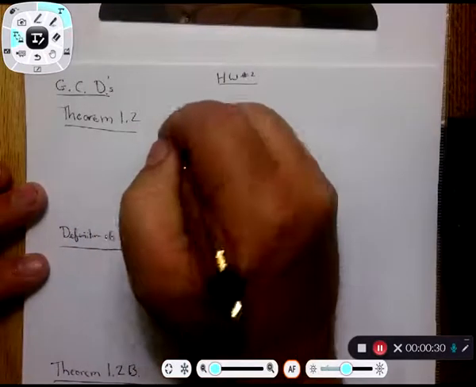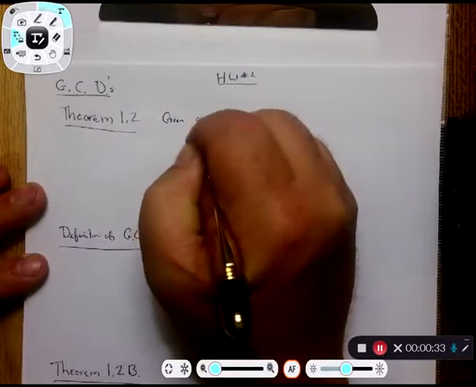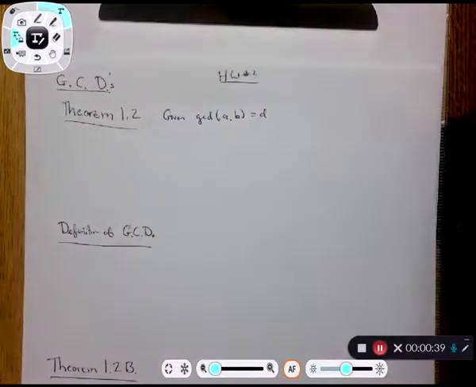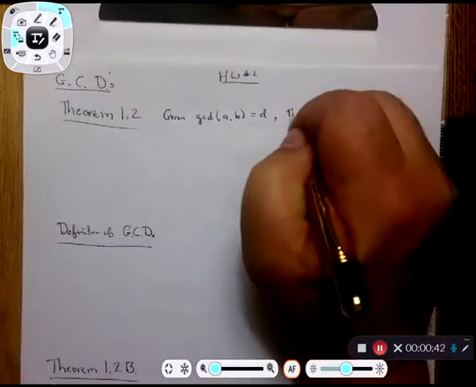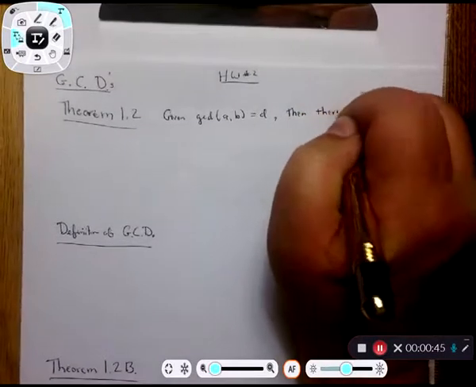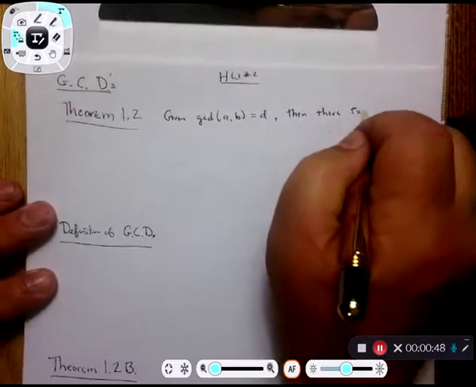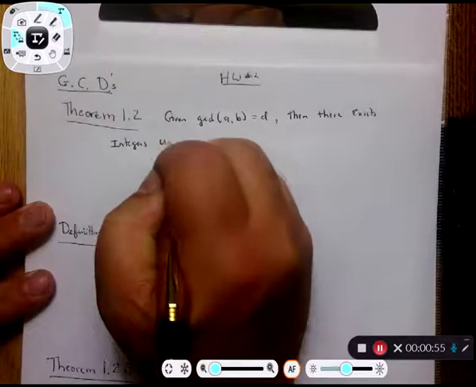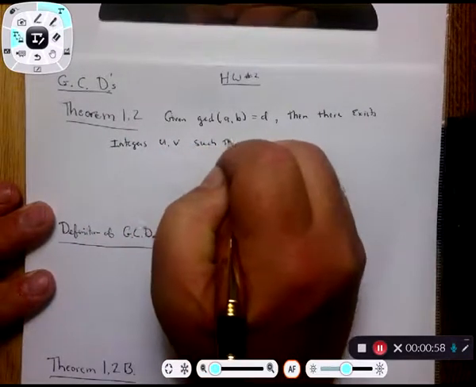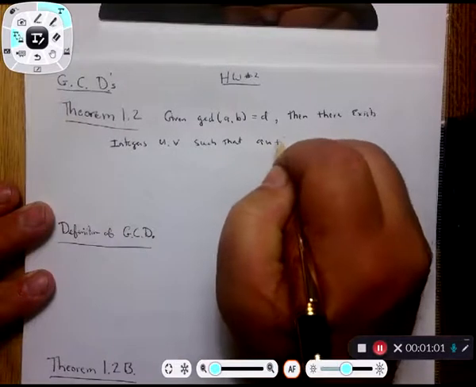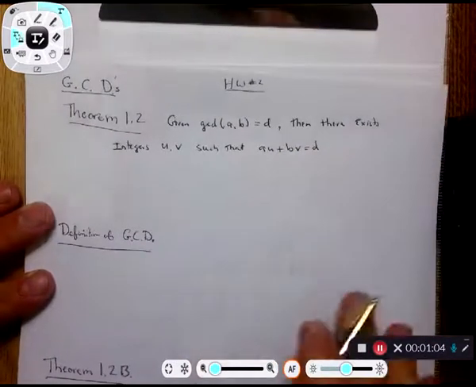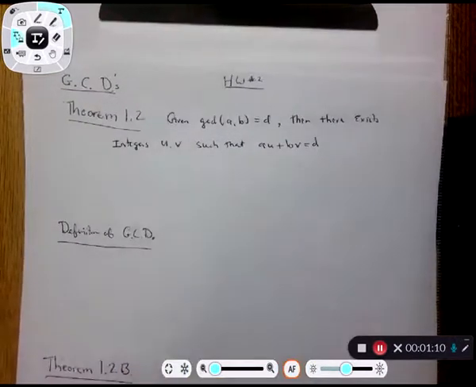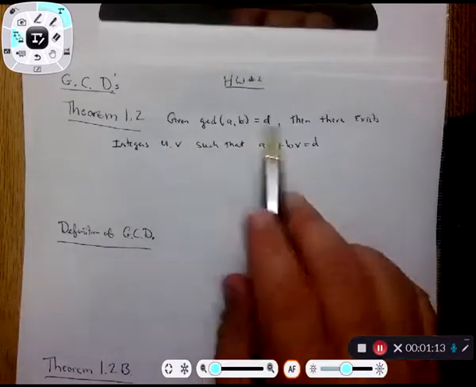It says this: given that the GCD of A and B is equal to D, and of course A, B, and D are all integers here, then there exist integers, favorite letters, U and V, such that AU plus BV is equal to D. And remember, these integers U and V are not necessarily unique, but you can go from a GCD to an equation.